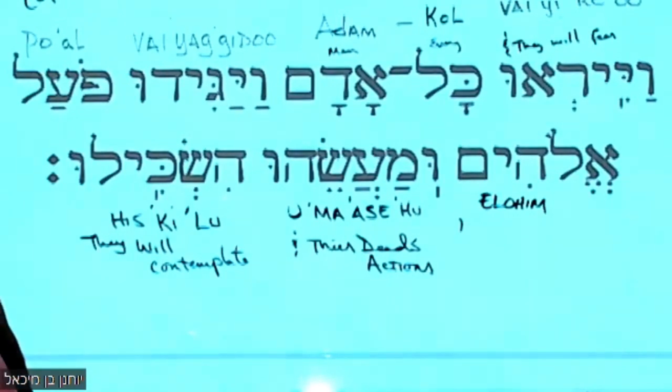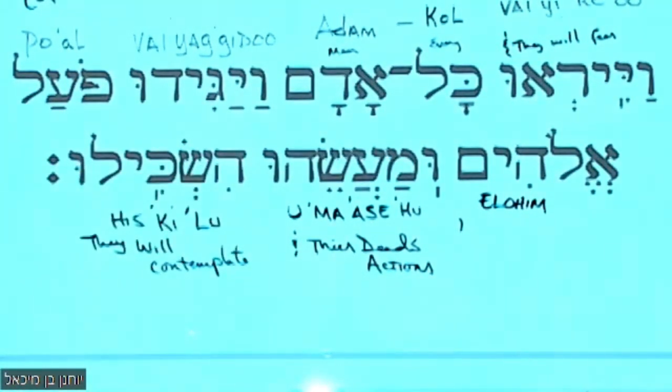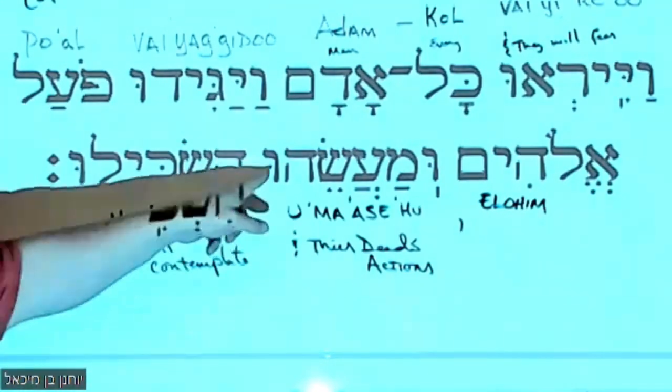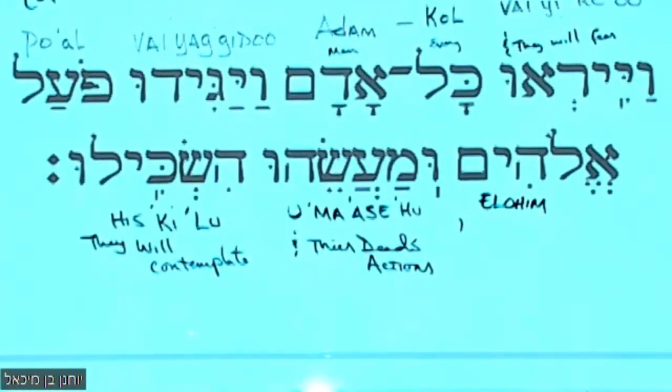Even in the New King James or the restored name King James, it all says his. But that should be their actions. That's why I said contemplating is like asking, am I really doing what I should be? It makes more sense to me this way. I may be wrong, but they would be weighing their own actions.